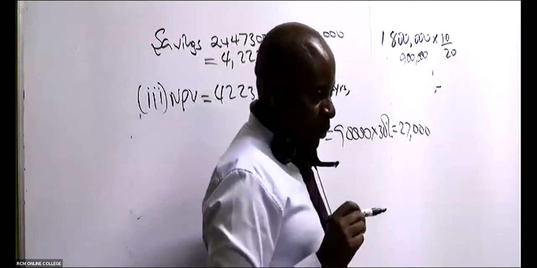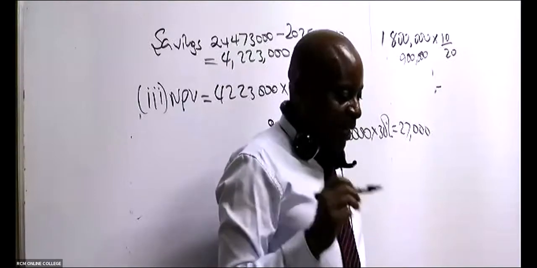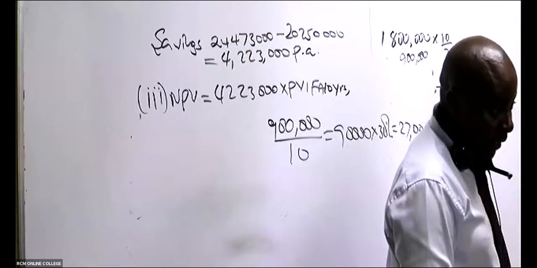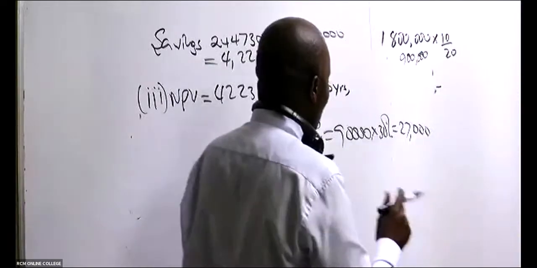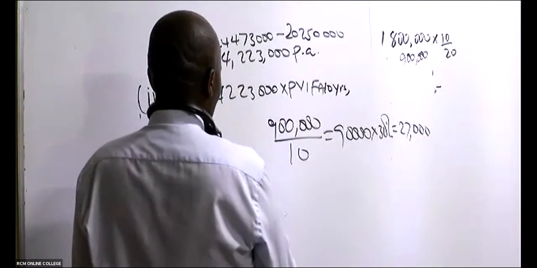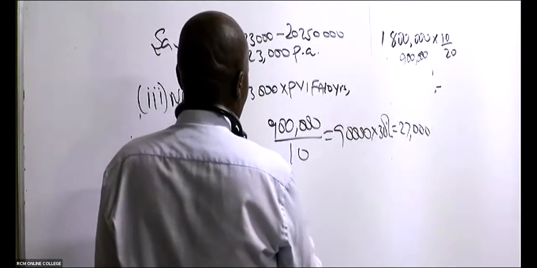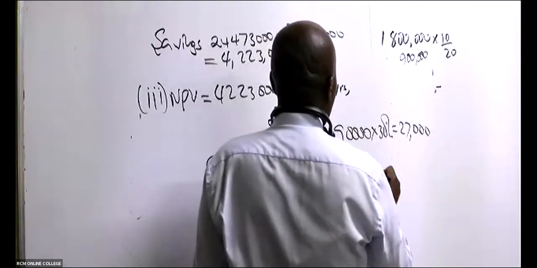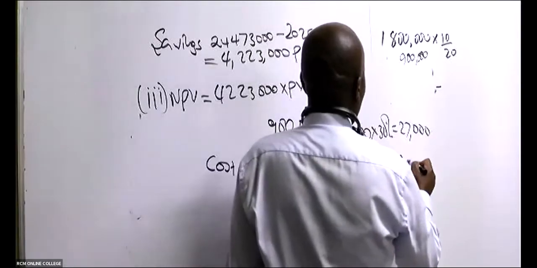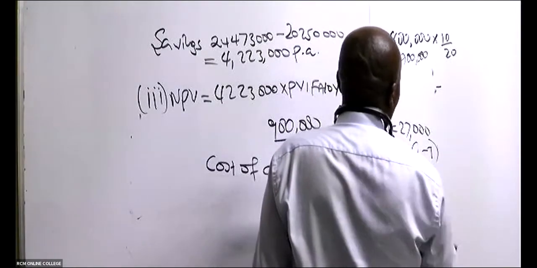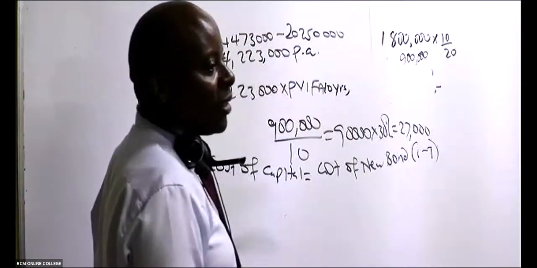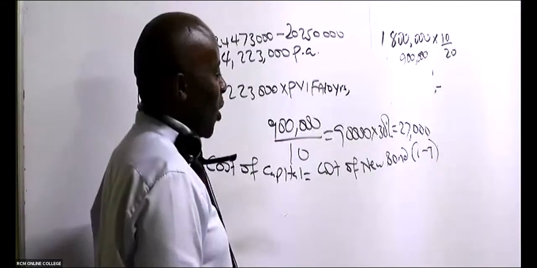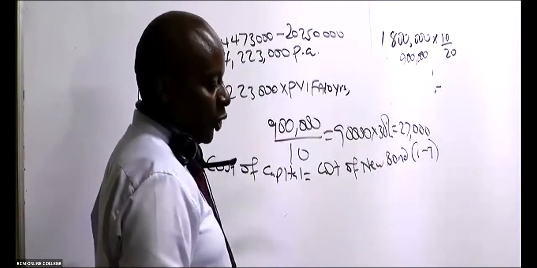What is the cost of capital? The online ninjas, what is the cost of capital? It has to be the new debt, isn't it? The cost of new debt. So cost of capital will be equal to cost of new bond multiplied by 1 minus T, where it has to be after tax, so cost of new bond less tax.